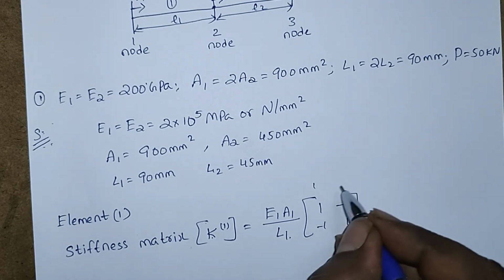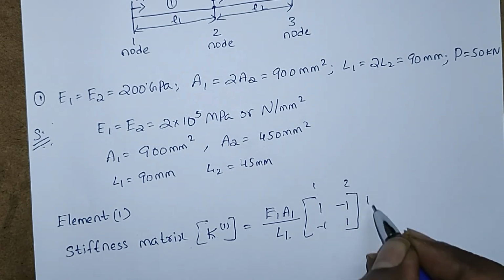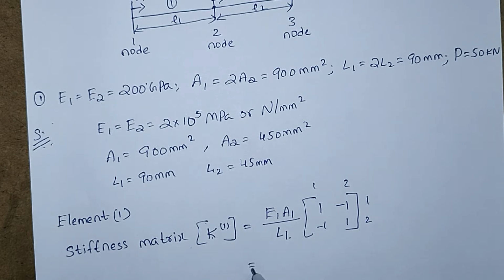So this is for 1 2 and this is 1 2. So what we will get here is 2 into 10 to the power 6 of the matrix 1 minus 1, minus 1 1. If we write these things, it will be helpful for us in framing the next global matrices.